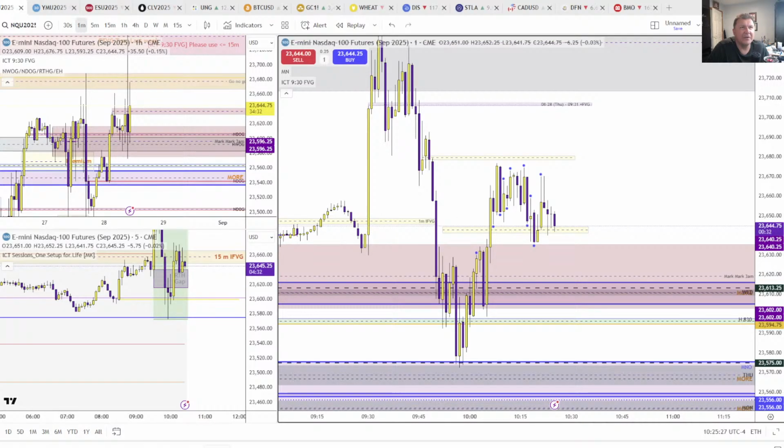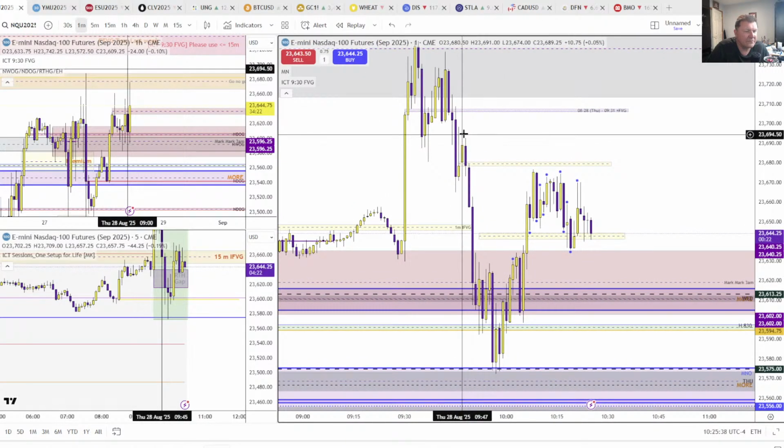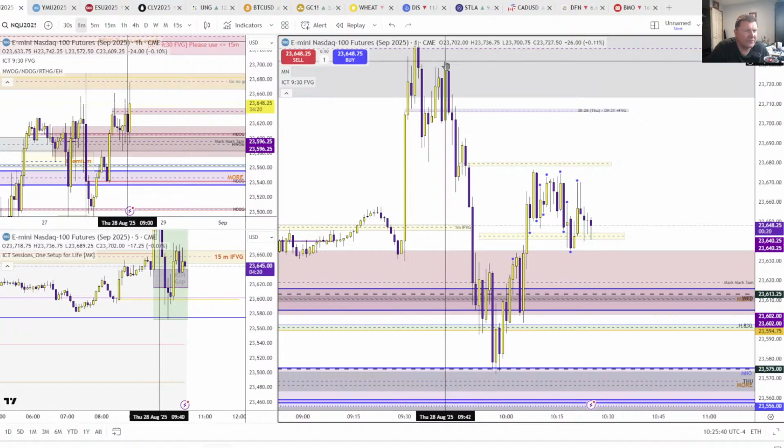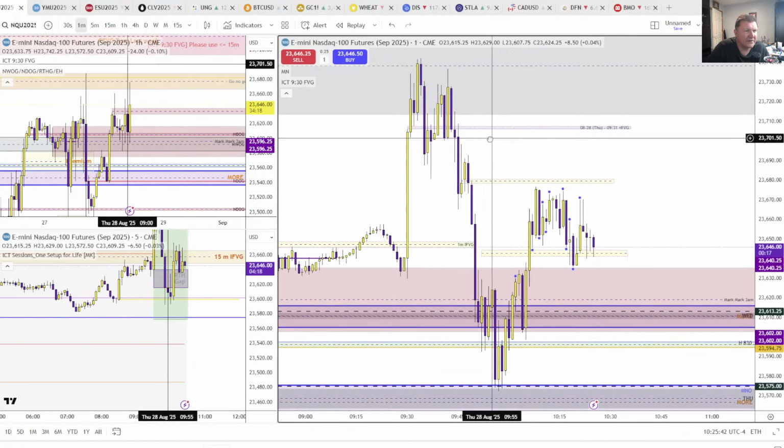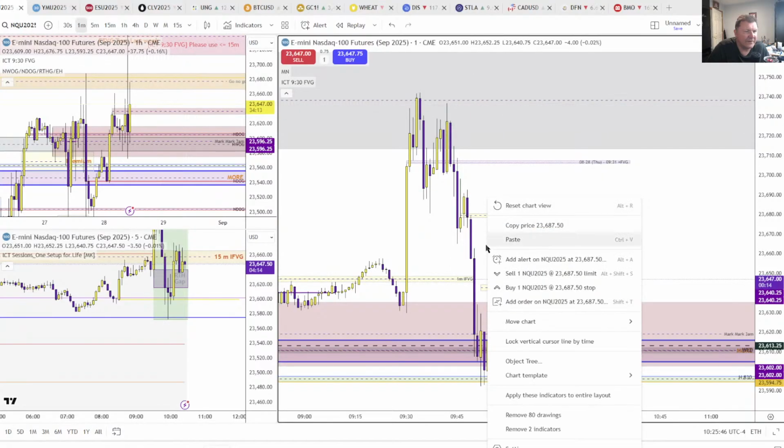Trappy: you draw your fib from the 9:42 candle to the lows at 9:58. 9:42 to 9:58, 9:42, this one here, to 9:58.